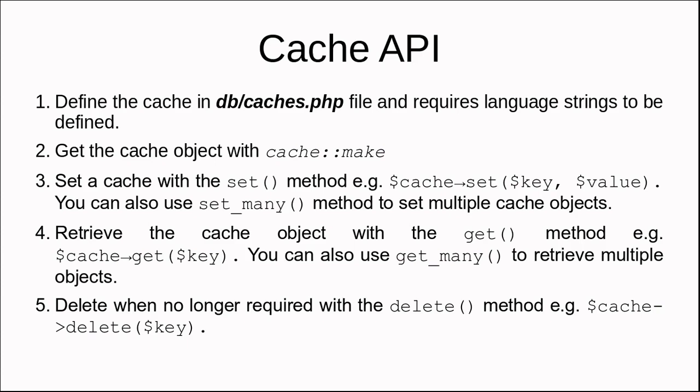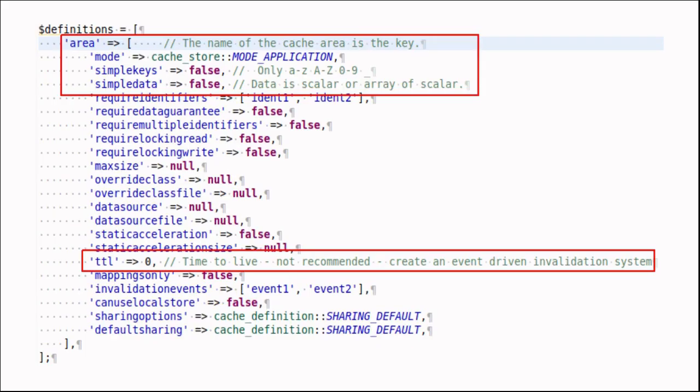You then set the data with set, and you can also set many, to set multiple cache objects at the same time. And in reverse, you can get the cached item, or you can get many to collect several cached items. And then you delete the cache when you don't need it anymore.